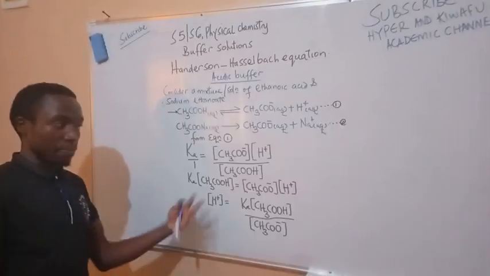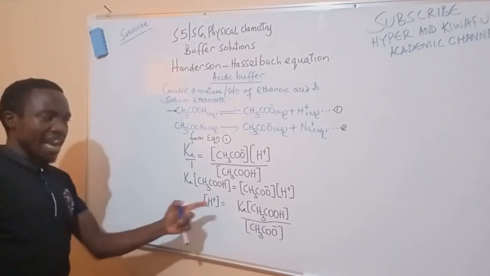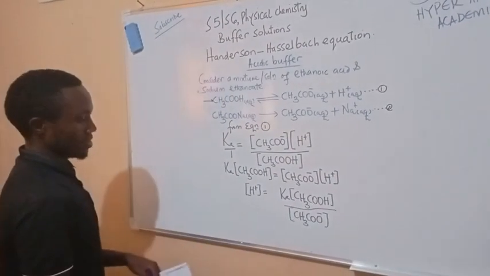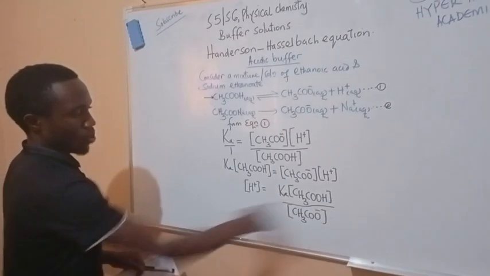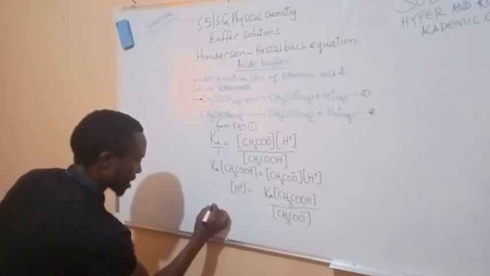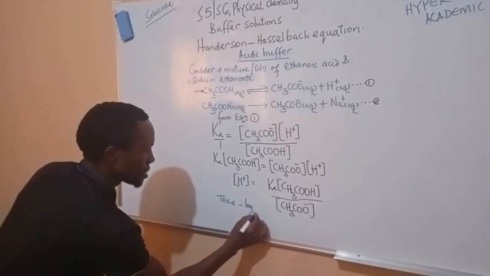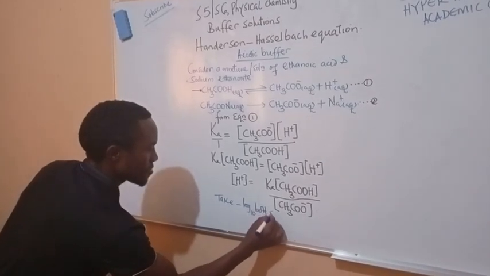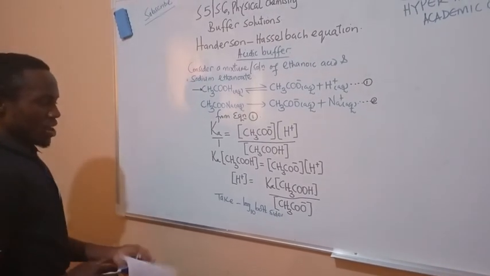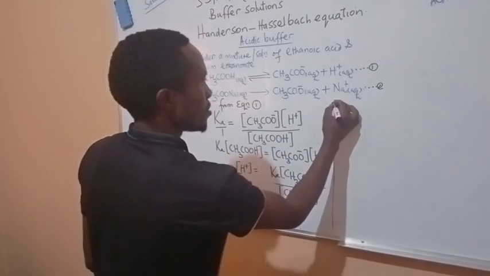If you have it, you can take the pH directly. But after having this, we take the negative logarithm to base 10 on both sides.